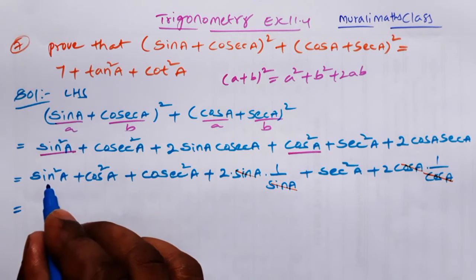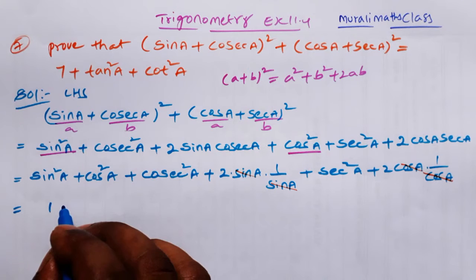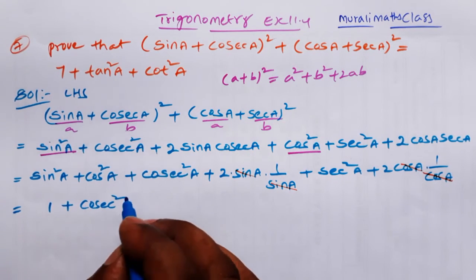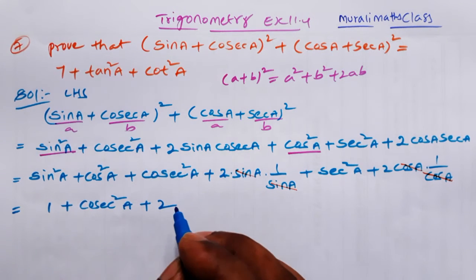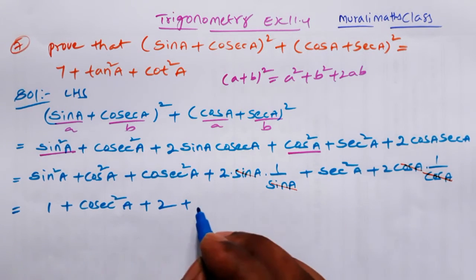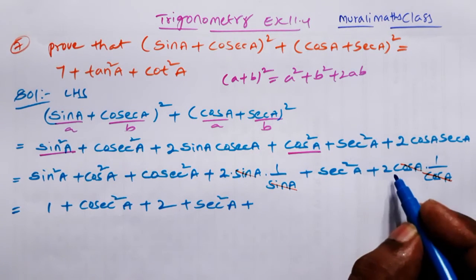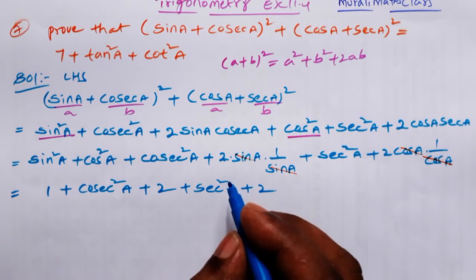Equals to sin square A plus cos square A. These both added, how much will we get? 1, plus cosecant square A, plus 2, plus secant square A as it is, plus again 2. Now add all this.